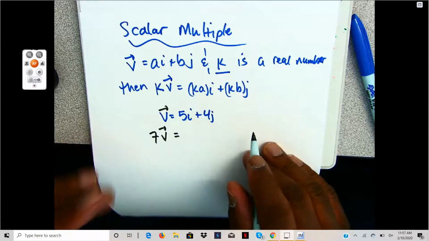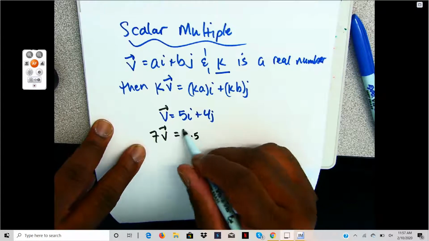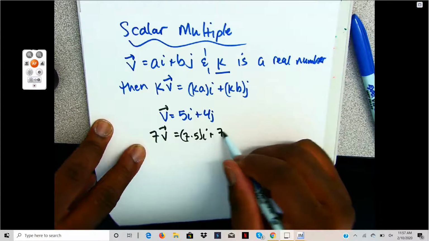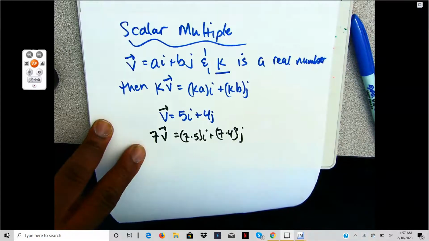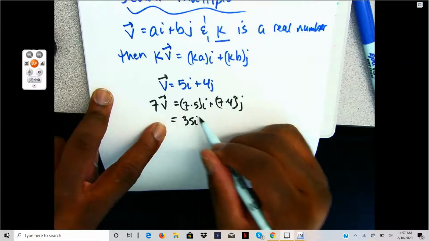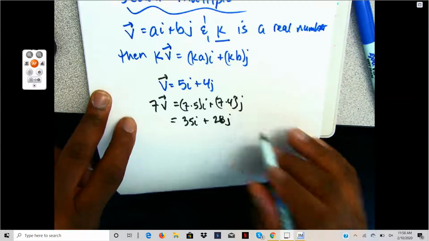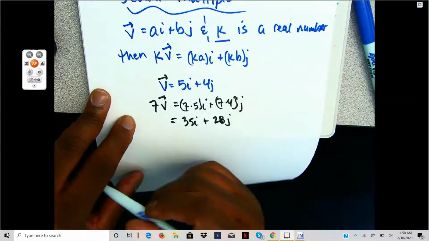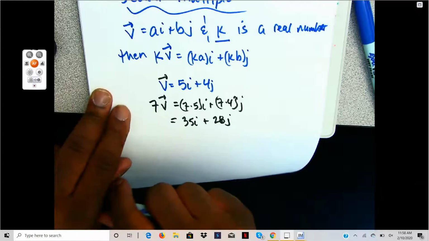If we multiply this vector by 7, then it's going to be 7 times 5i plus 7 times 4j. So our answer would be 35i plus 28j. That would be our new vector. k is 7. That's our scalar multiple.